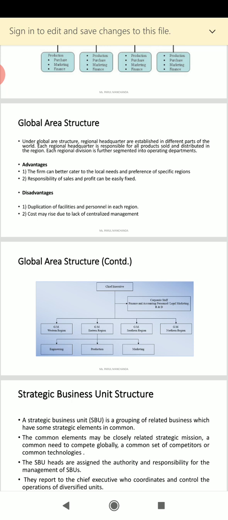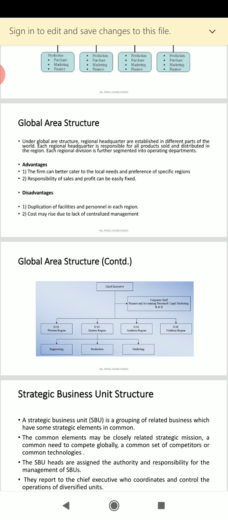Now what are they supposed to do? These people who are managing these operations are the ones who will be responsible for that particular region, right? Now if I talk about the grouping, how does this grouping actually happen? The basis of this grouping is region, right?